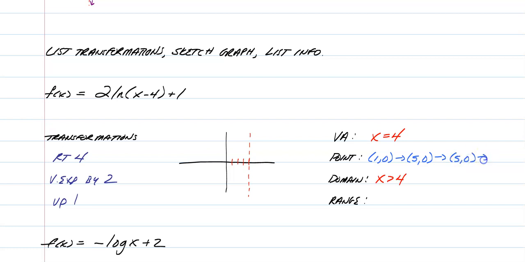Finally, up 1 adds 1 to y, so we are now at (5, 1). That's the point we're going to hit. This was not reflected over the x-axis at all, so it's going to look like it did before; we just moved it to the right and up a little. Of course, your range is still all real numbers. And that's it for that one.